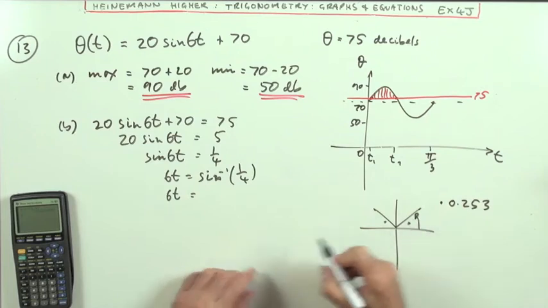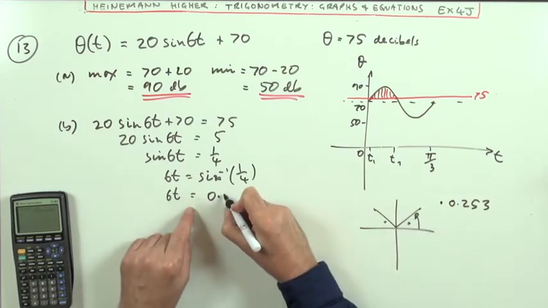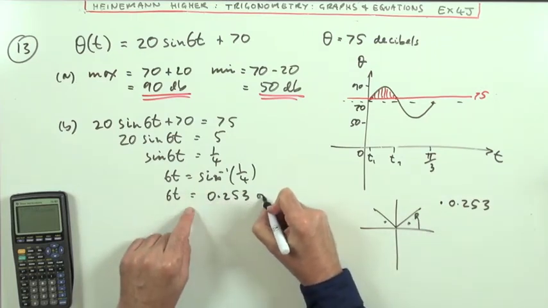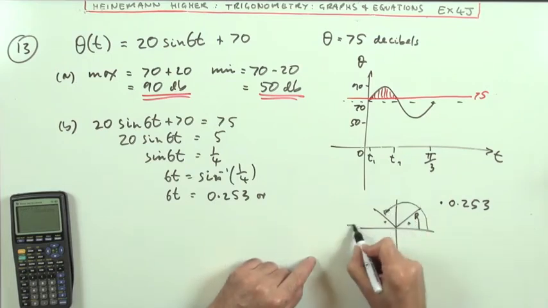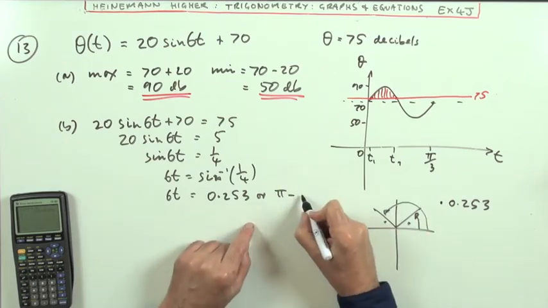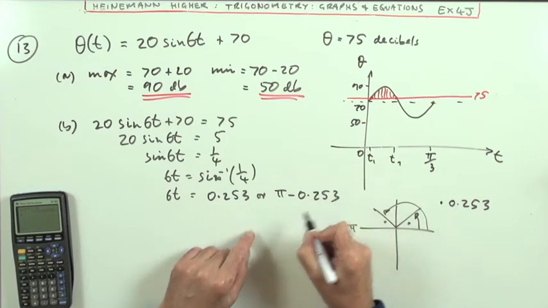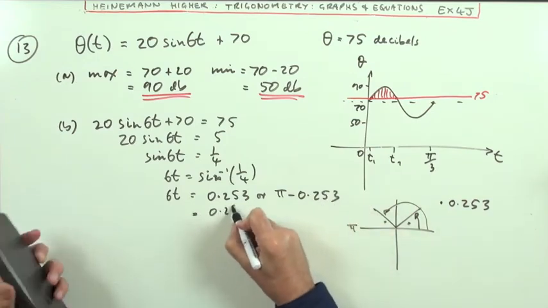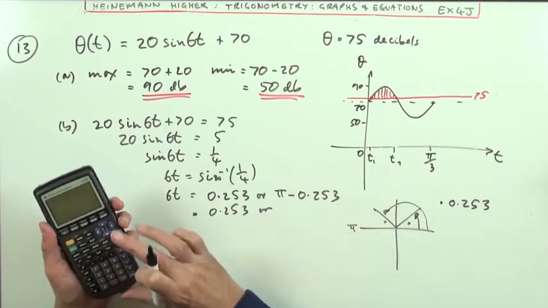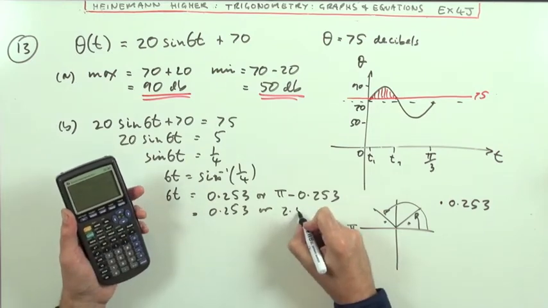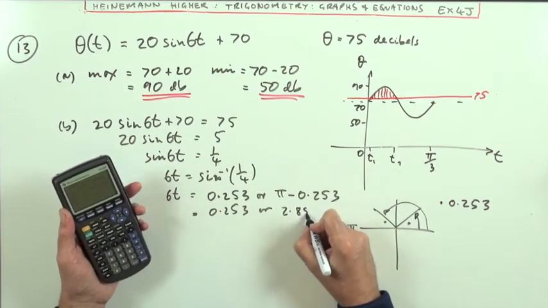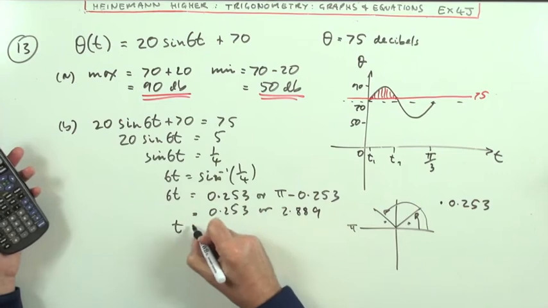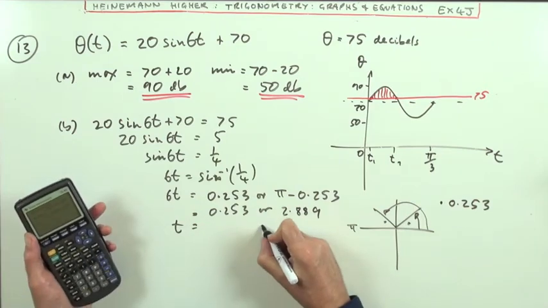So I've got two answers. I've either got it equals 0.253, or I've got pi minus 0.253, which is 2.889.